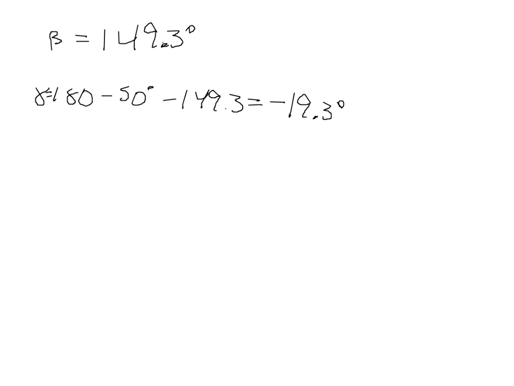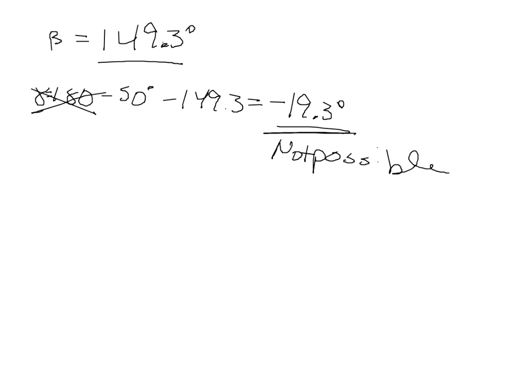Since we're talking about triangles here, all their degrees are positive, all their sides are positive. So this is not possible. If beta is 149.3 and our alpha is 50 degrees, gamma is negative, which is not possible. So there's no second solution. There's only one solution, and it's on the previous page.